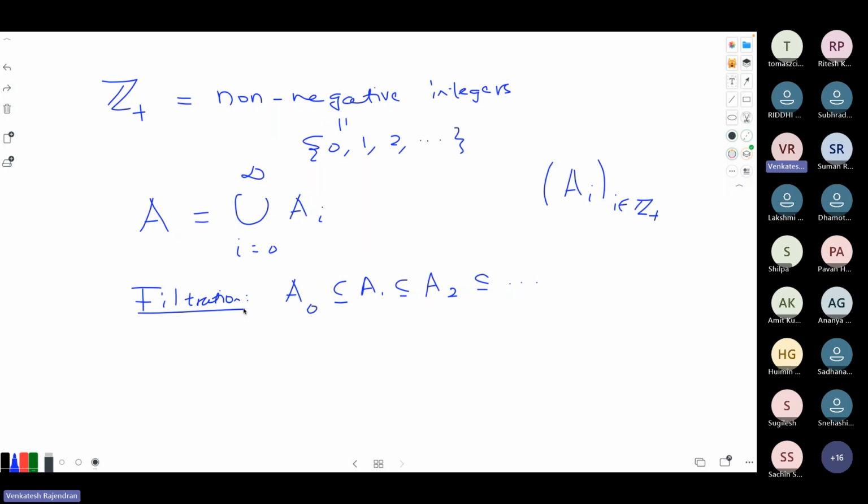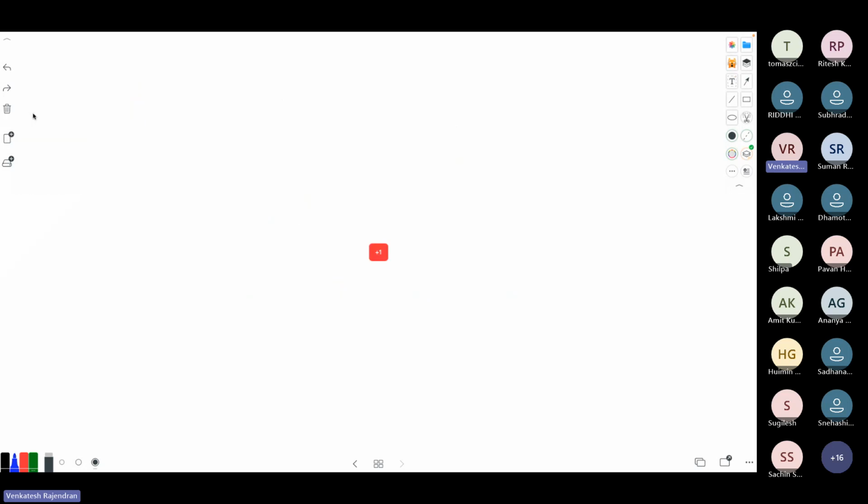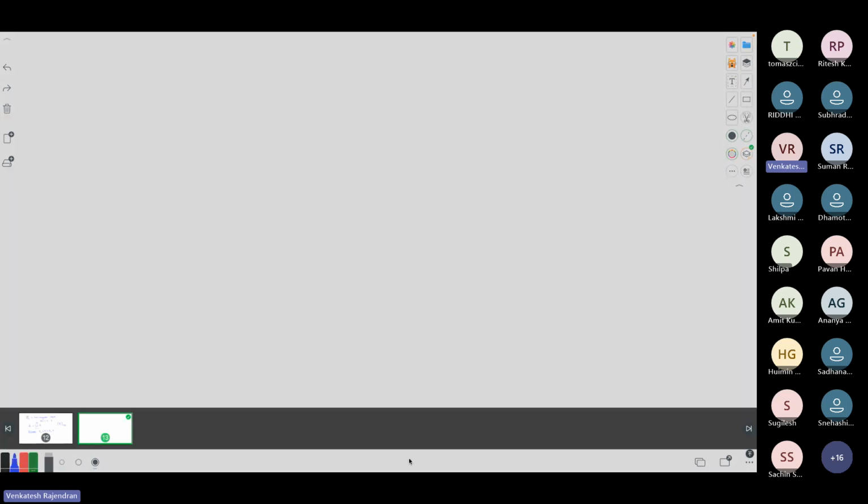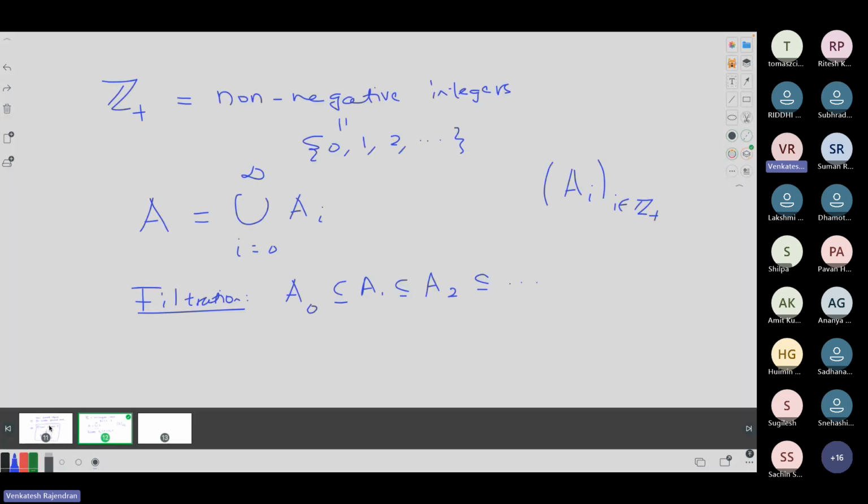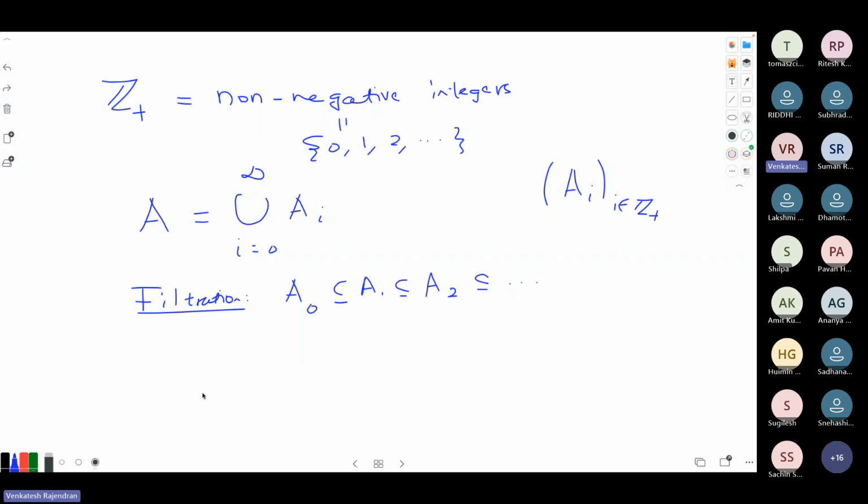The filtration should not only be an increasing chain; the algebra structure should also be reflected. Whenever you take the product of A_i and A_j, that should be contained in A_{i+j}. This is where the algebra part is reflected. So these two conditions should be satisfied.